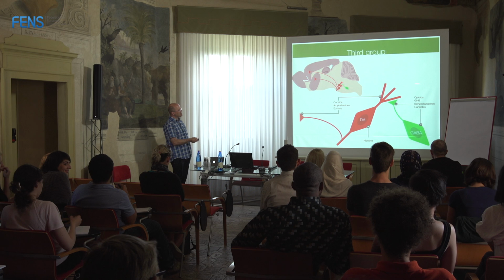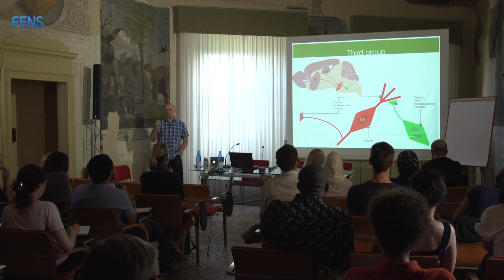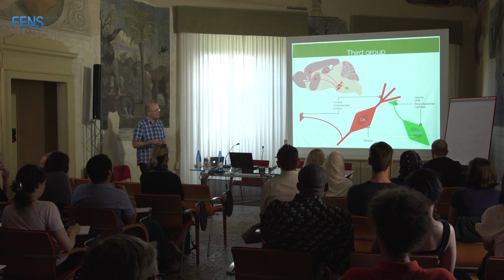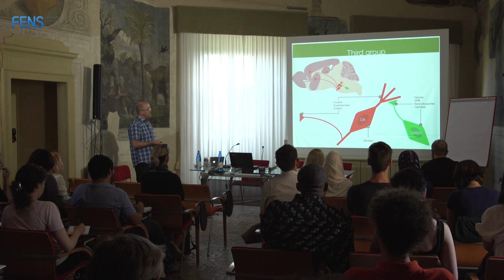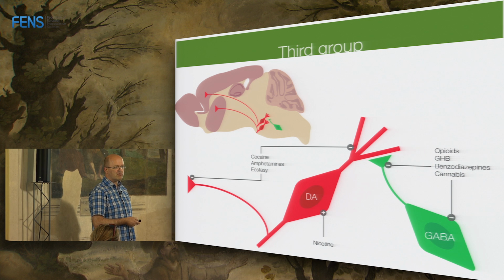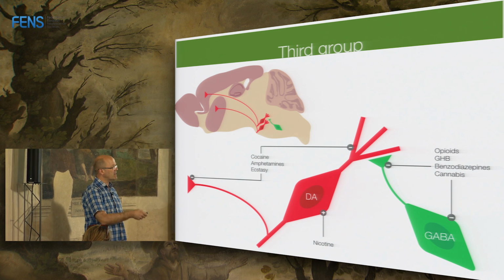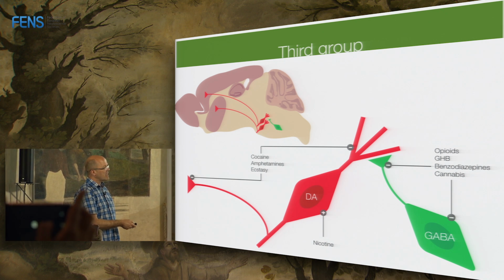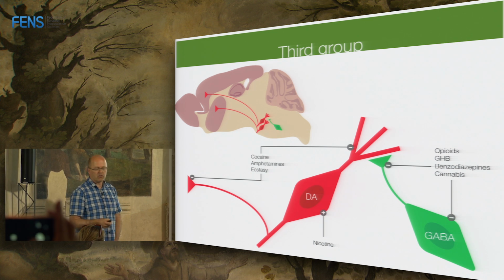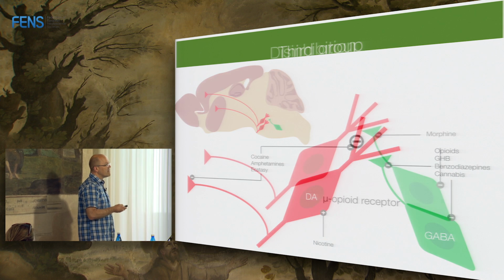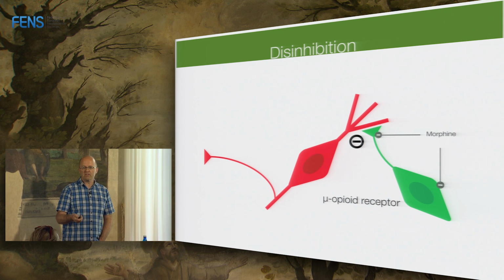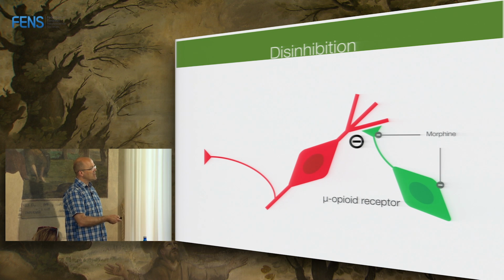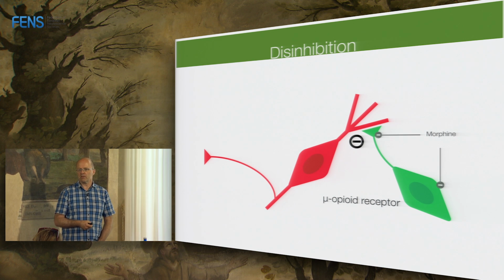But now let's focus on this group here, which is a little bit more complicated to understand, because they work indirectly. That was pretty clear from the beginning, that for opiates, for the club drug gamma-hydroxybutyrate, that was not on the first panel either, the benzodiazepines and cannabis, you cannot evoke a direct effect on the dopamine neurons, because, for example, the opioid receptors, the corresponding opioid receptor responsible for the reinforcement, are not really expressed on the dopamine neurons.